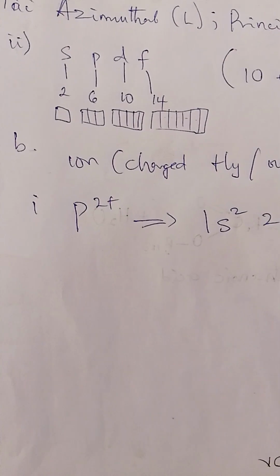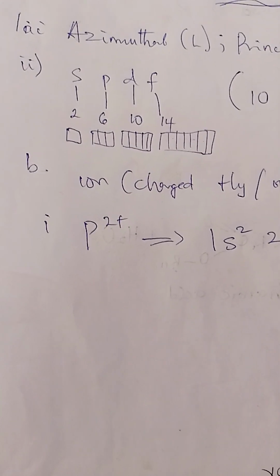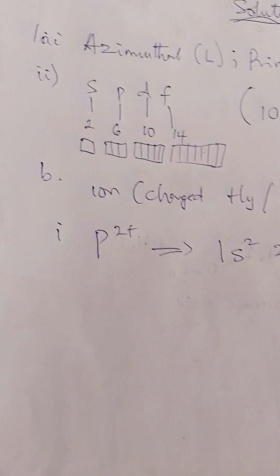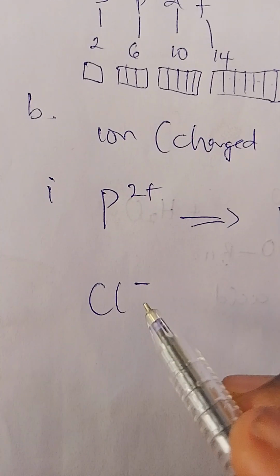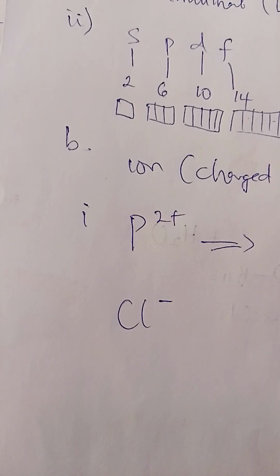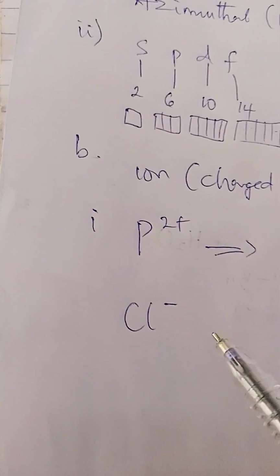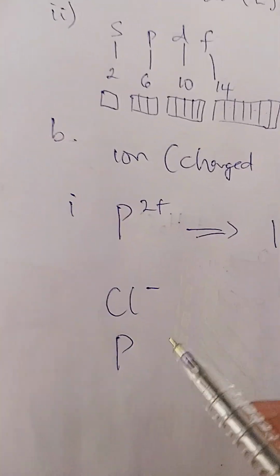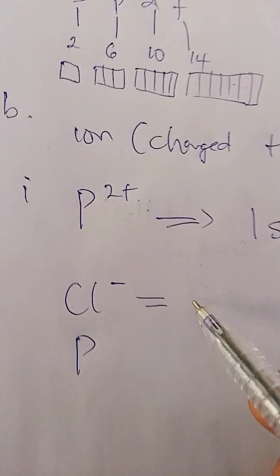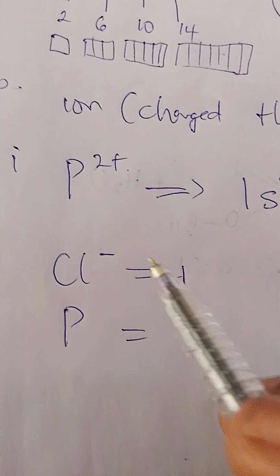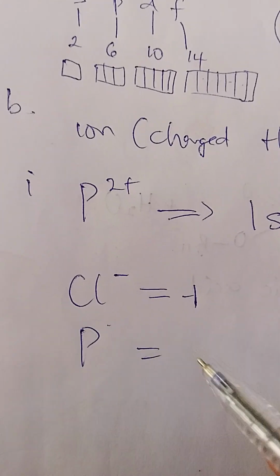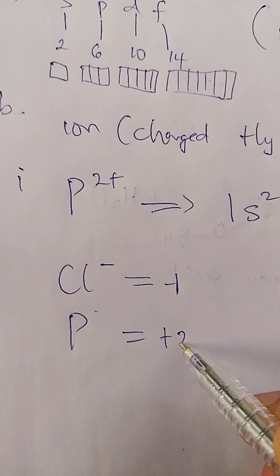The last one says, without identifying P, write a possible compound of its chloride. What do you mean by chloride? Chloride has to do with chlorine that has ionized. Now the valency of chlorine is -1. The valency of P, because of this 2 plus here, when it ionizes will be +2.